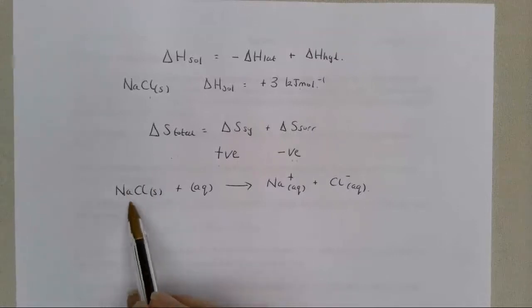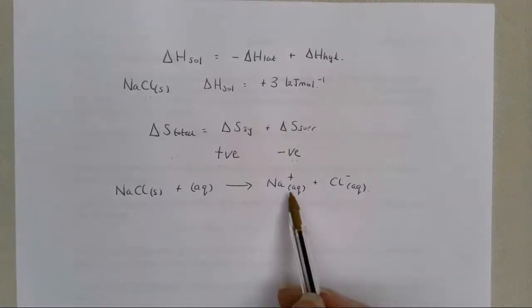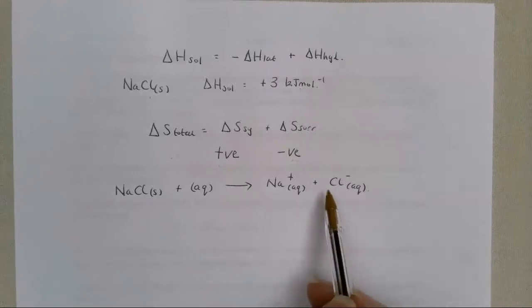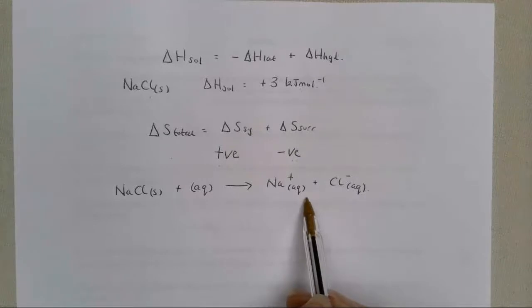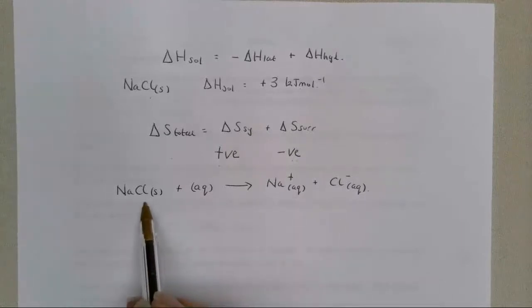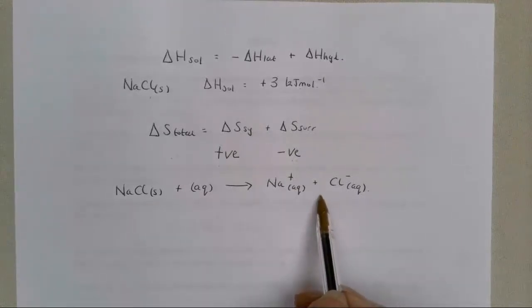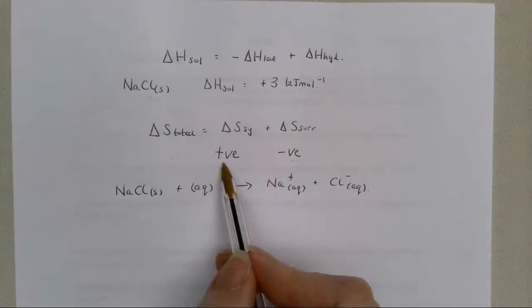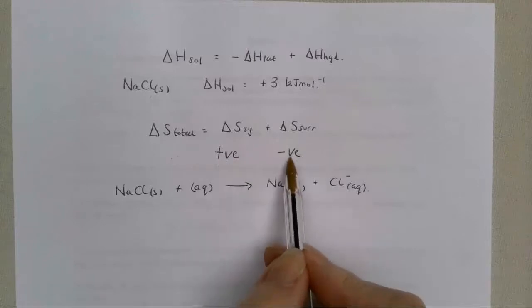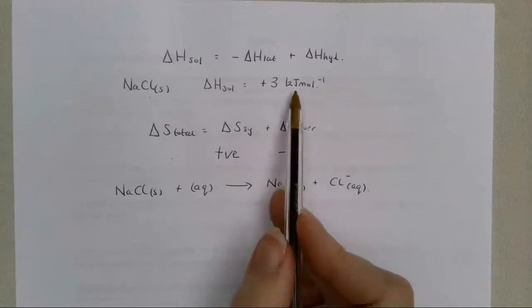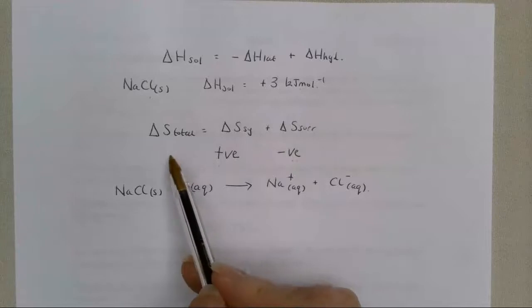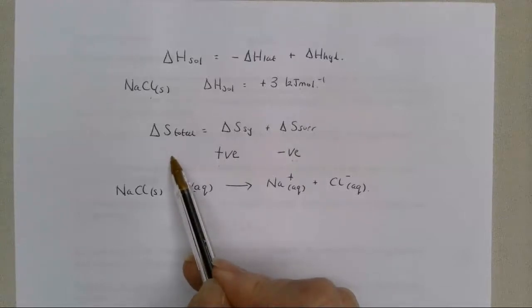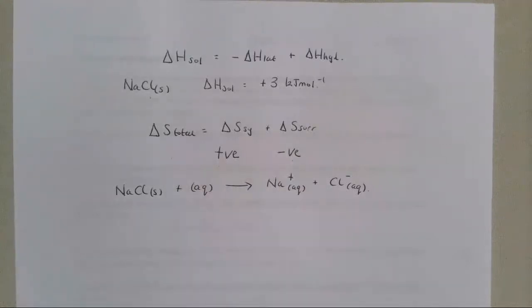Here you've got this solid ionic lattice and it's dissolving to form two aqueous ions. So the entropy is significantly increasing because you're going from 1 mole of solid to 2 moles of aqueous ions. So that does make this a large positive value, and certainly large enough to outweigh this small negative, because it's only just endothermic, which gives you a delta S total here which is positive, and therefore the reaction is feasible.